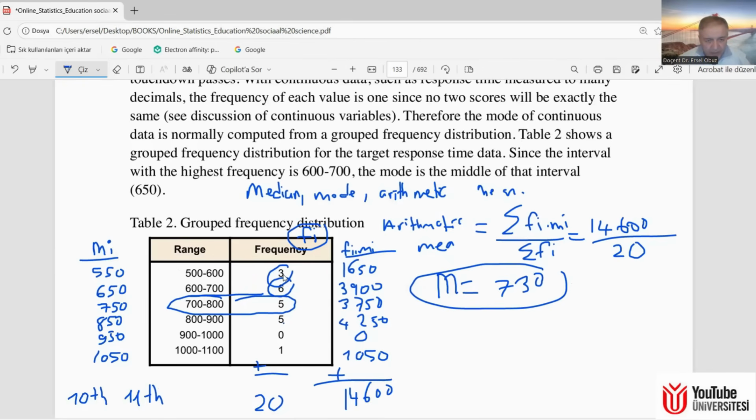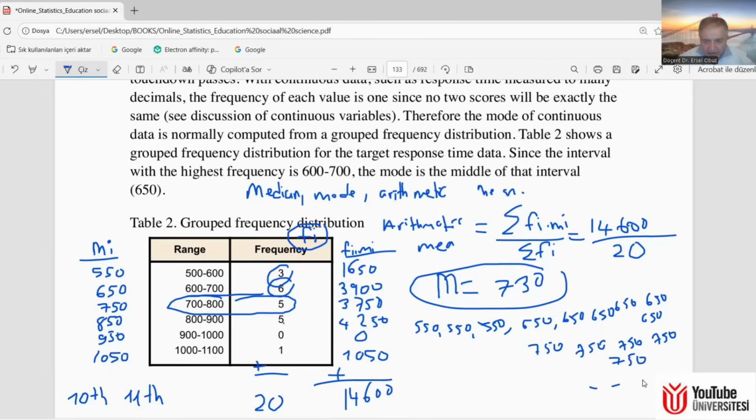You have 550, three of them, and you have 650, how many of them? 1, 2, 3, 4, 5, 6. And you have 750, 5 of them.